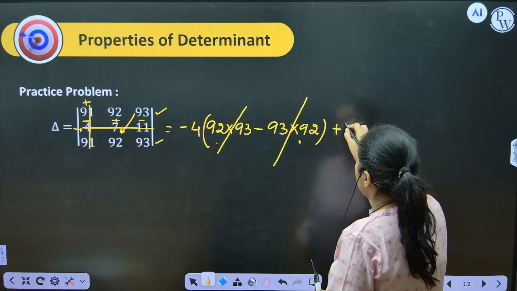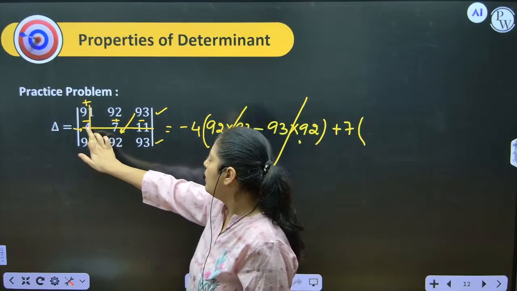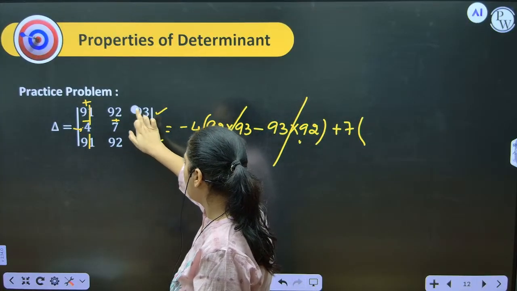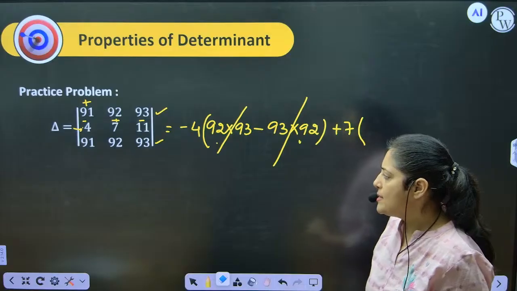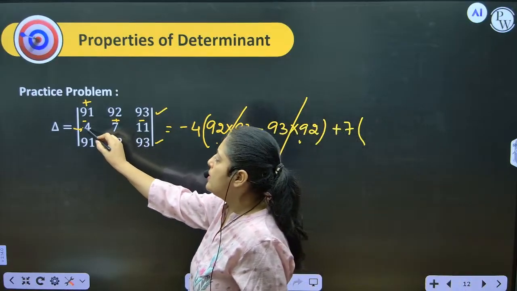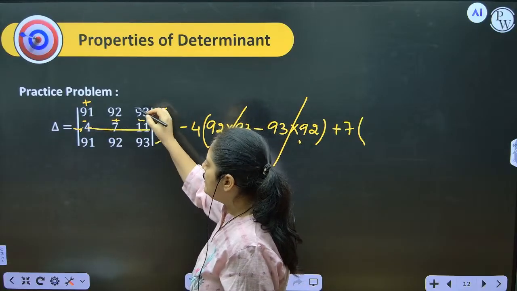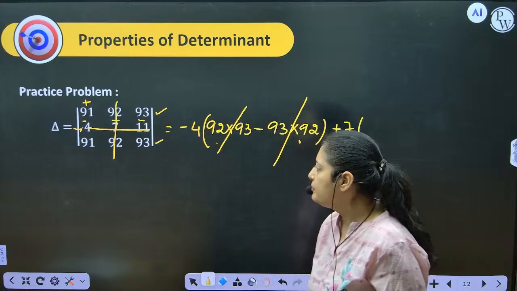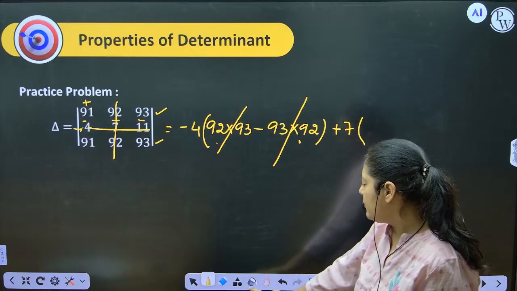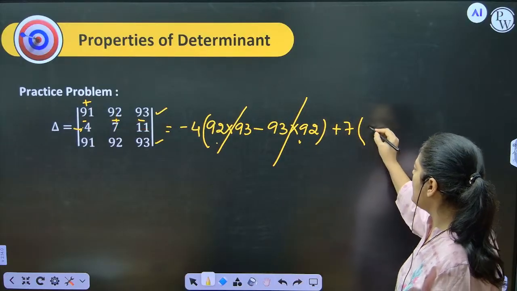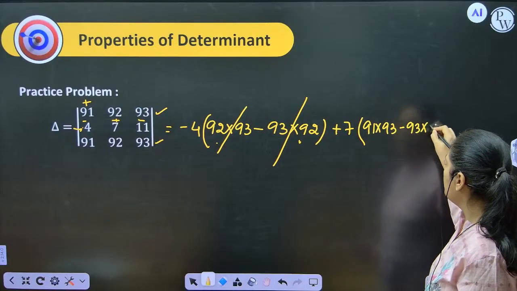Now, plus 7. 7 lies in which row? This second row, and second column. Which numbers are left? 91 and 93. So I'll write it: plus 7 into 91 into 93 minus 93 into 91.